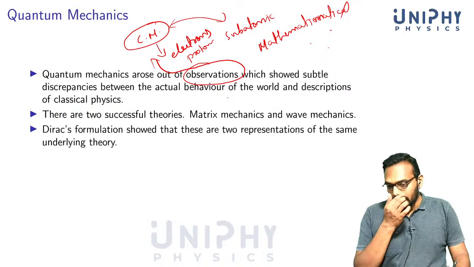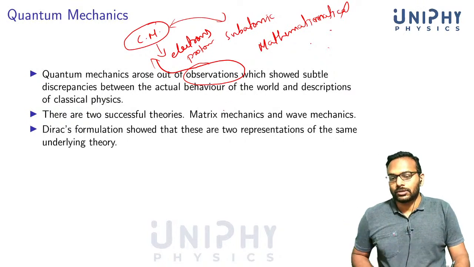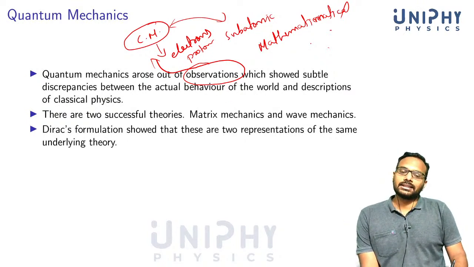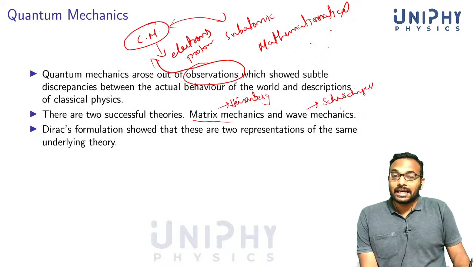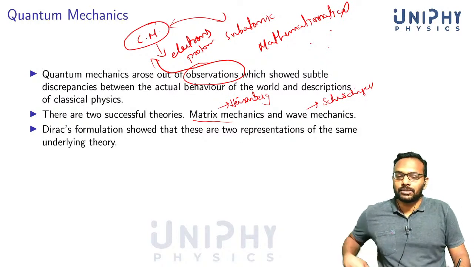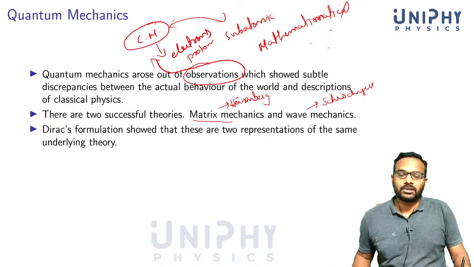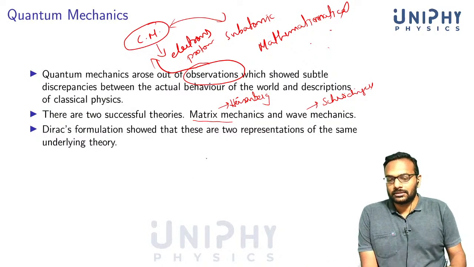framework. And people started trying to construct theories, and there were two successful theories in the beginning. One is known as matrix mechanics, due to Heisenberg, and there was wave mechanics, due to Schrödinger. Initially they looked entirely different. The way Heisenberg wrote his equations looked entirely different from the way Schrödinger wrote his equations.